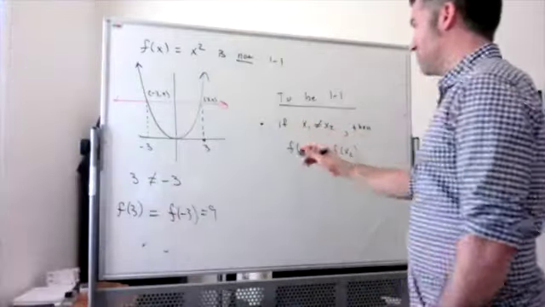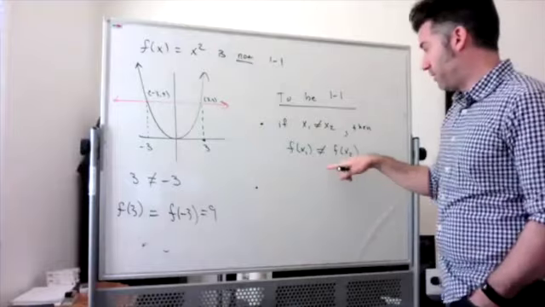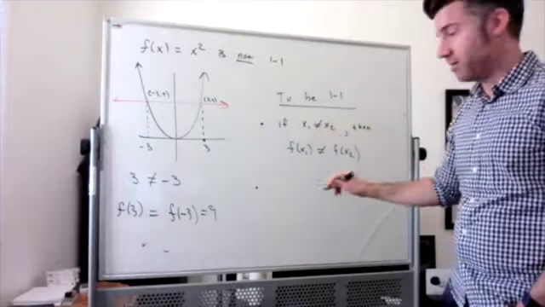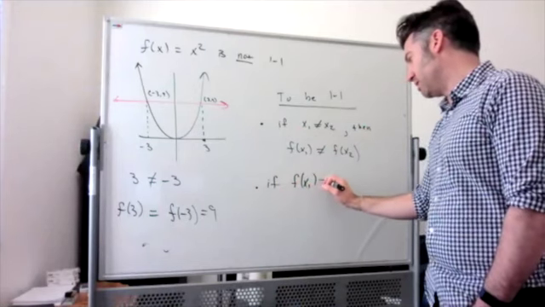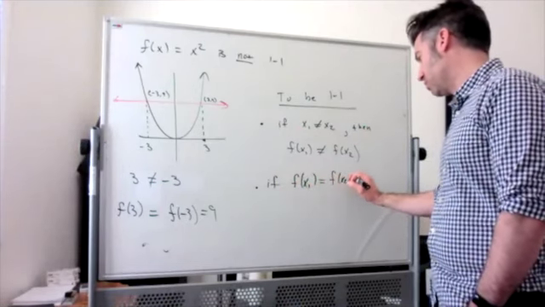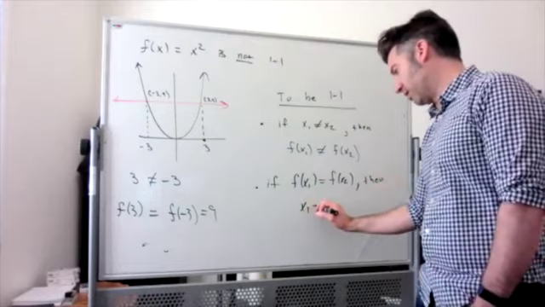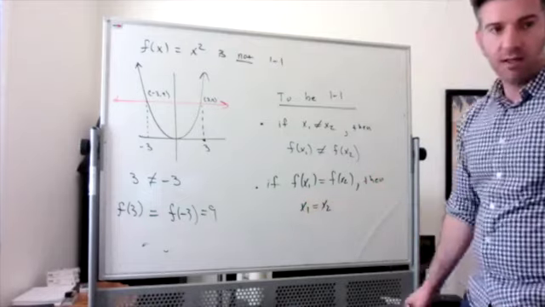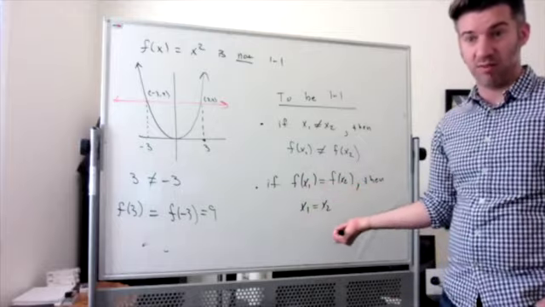Another way of saying this, though, is what's called the contrapositive. If not this, then not that. So if f of x1 equals f of x2, then we have to have that x1 and x2 are the same. So if you have 2 y values that are the same, it means you had to actually have the same x value to start with to be 1-to-1.